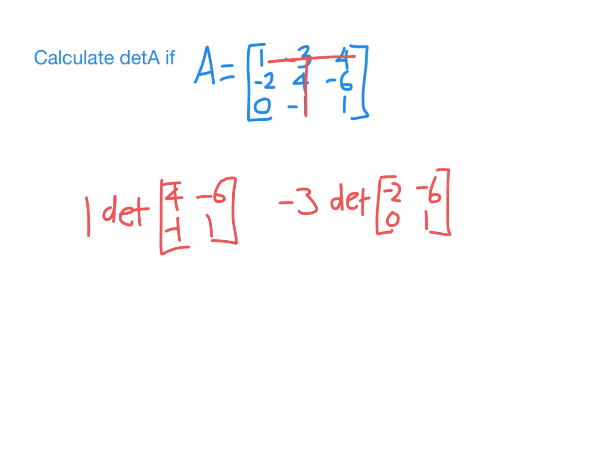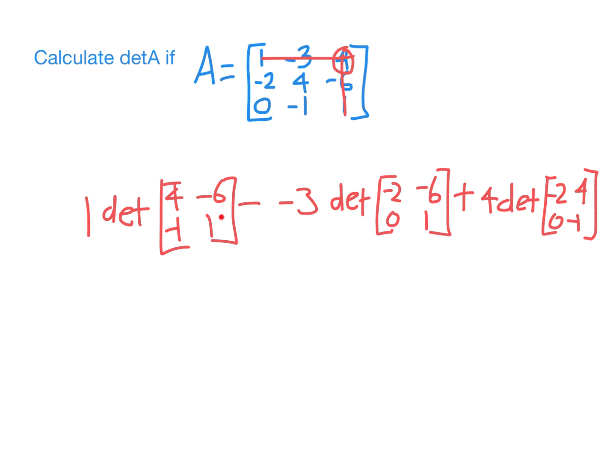And then I'm going to do the same to the last element of that first row, which is 4. So if I cross out the column and the row, I'm left with a 2 by 2 matrix, this one being -2, 4, 0, -1. So remember, the first is always positive, and then we alternate signs. So the next one is a negative, the last one is a positive.